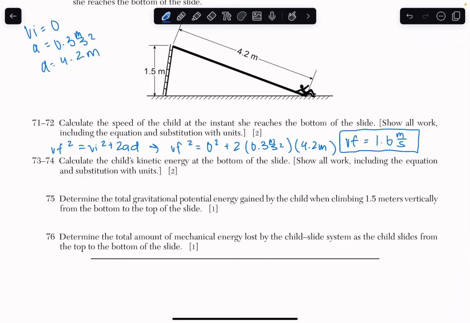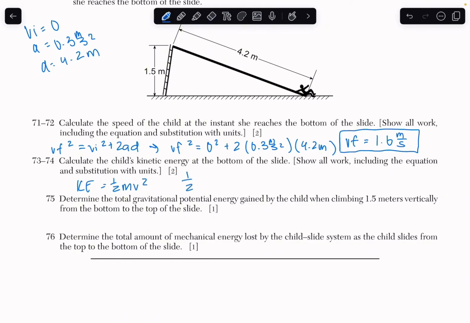73 through 74. Calculate the child's kinetic energy at the bottom of the slide. So, this is a simple problem. We just need to use the equation KE, or kinetic energy, equals 1/2 times mass times velocity squared.